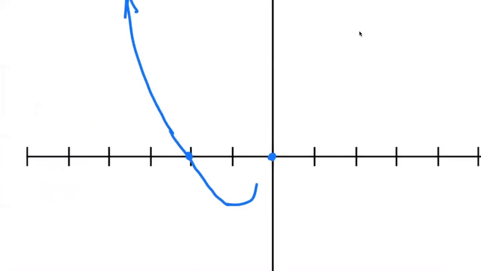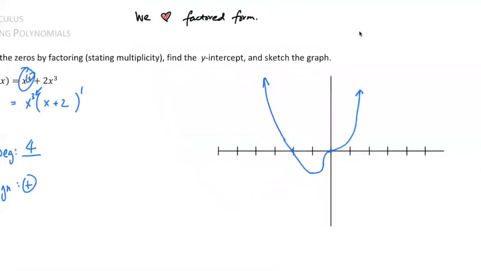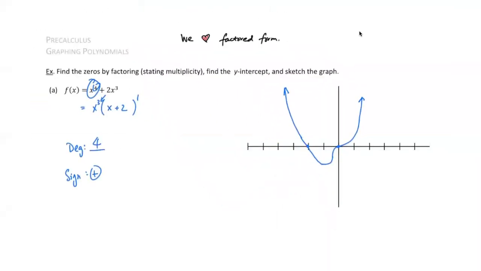So we're going to zoom in and we're going to show our nice little S-shaped turn. And there we go. Done. Okay. Y-intercept, the origin. Multiplicity, right there in front of you. So this is, of course, simple. It's an example.